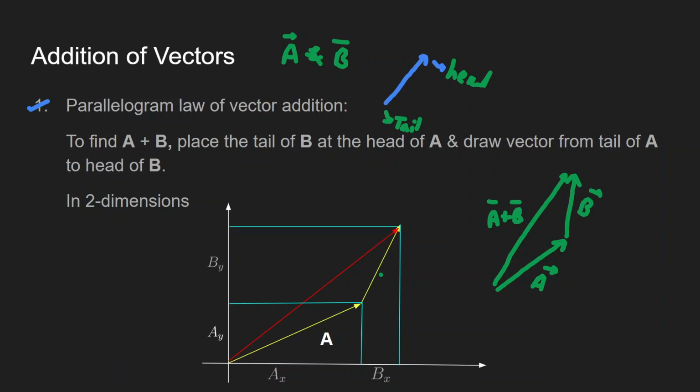This is vector A, this is vector B, and the red line is vector A plus B. This component is Ax and this component is Bx. So this is the representation, the parallelogram of vector addition. It can be asked graphically to show what is vector A, 2A, 3A, 2A minus B, and so on. We will solve those problems.